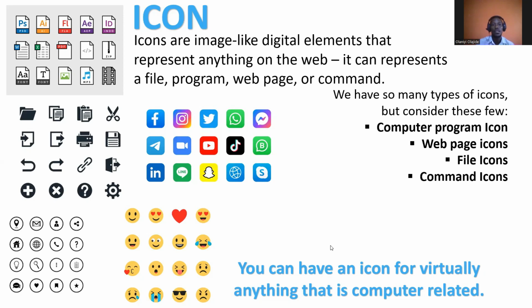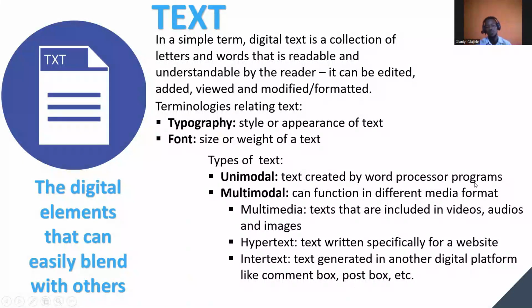So let's now move on and let's talk about text, which is another digital element. So text, in simple terms, is a collection of letters and words that is readable and understandable by the reader, just like I am reading. What I am reading as the reader is a text. And we said the text can be edited.